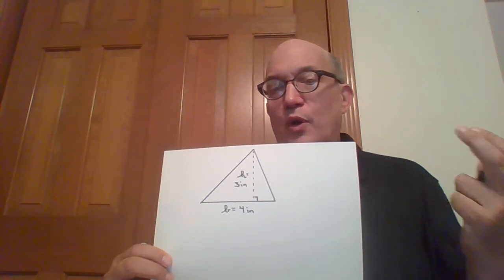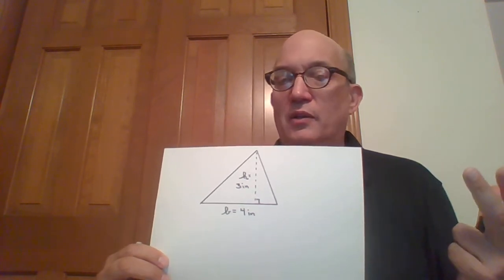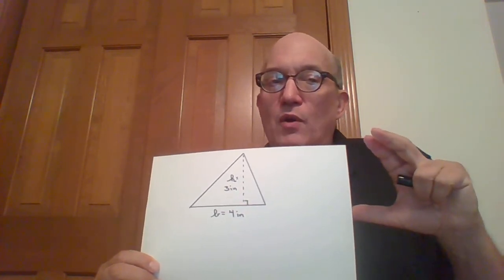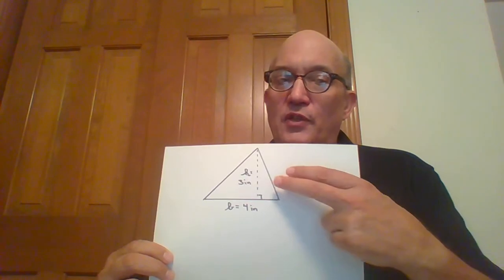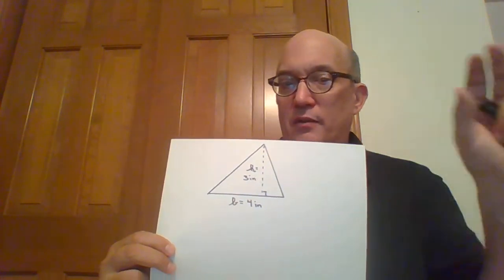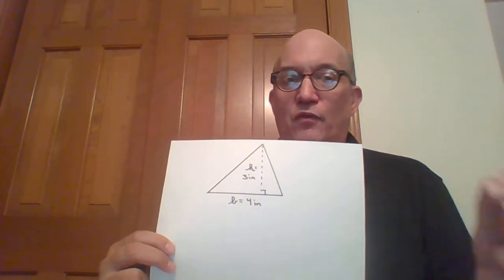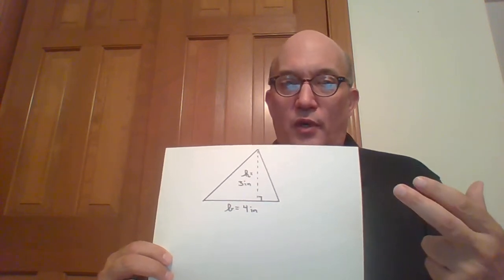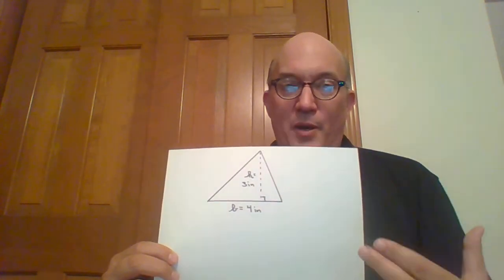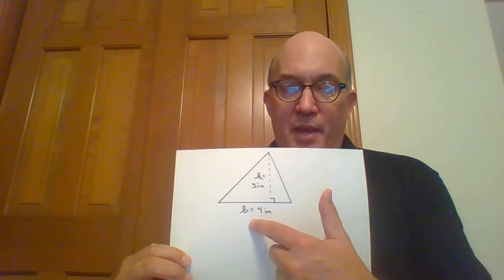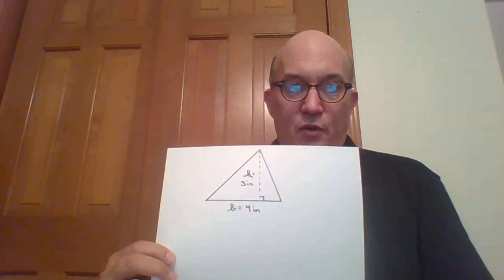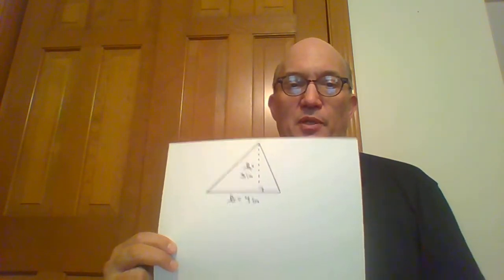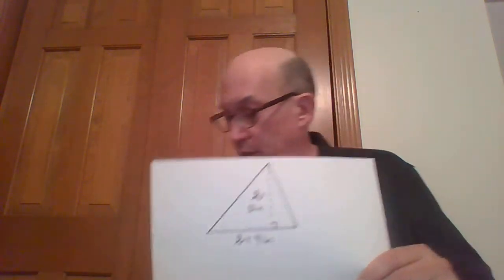We can't quite see it as half of a rectangle. There are ways to prove that this works just like the earlier one, which was half of a rectangle. We can show that it works. For now, I'm just going to go by the formula. Base and height, the area is 1/2 times base times height, and we get a 6 square inch triangle.